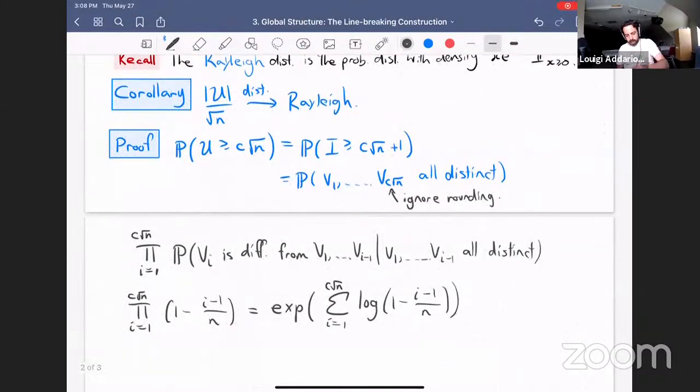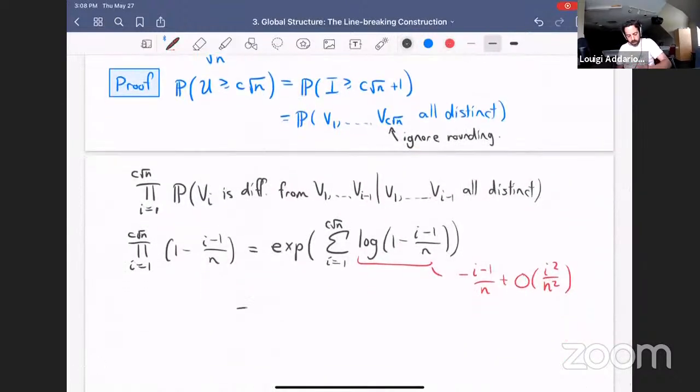And a Taylor expansion tells me that this is minus i minus 1 over n plus order i squared over n squared. Okay, and so this whole sum here gives me e to the minus c squared on 2.